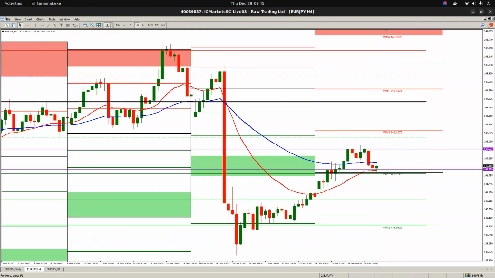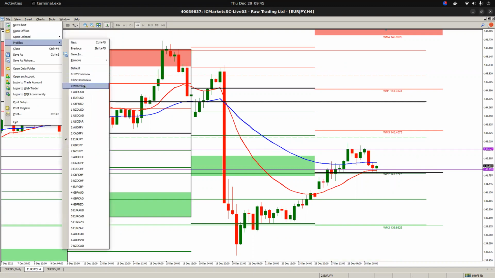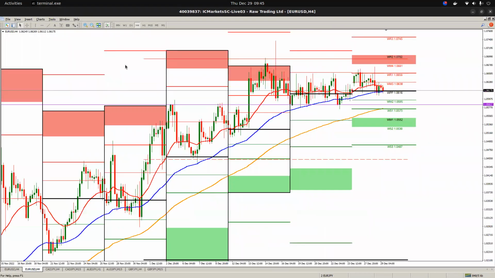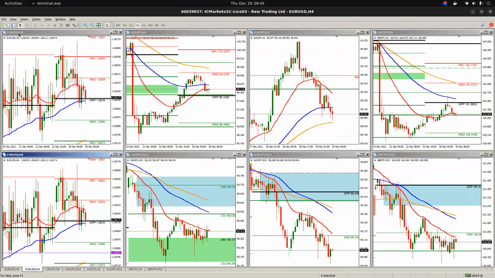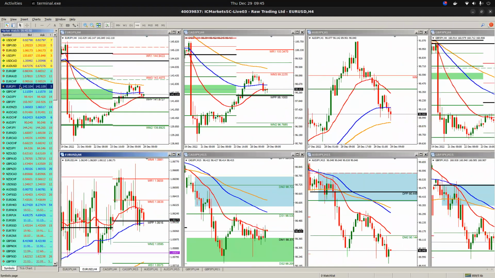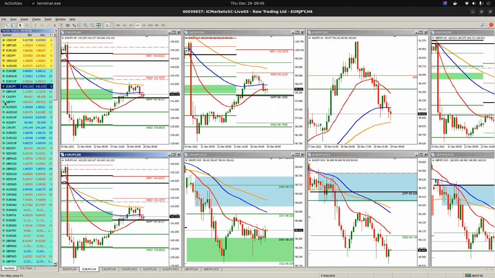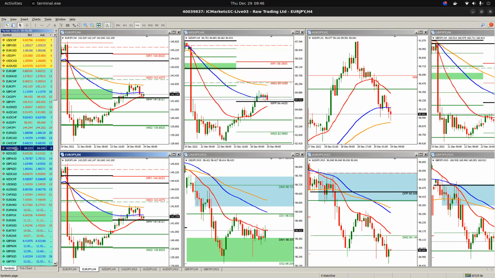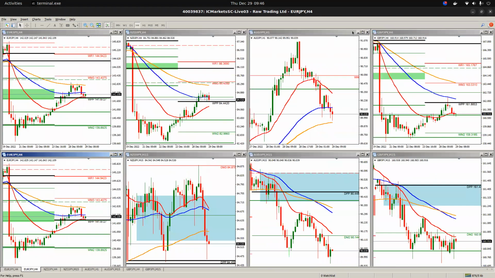Okay, so what you can do is open up a watch list. On your watch list, you can just basically close anything you've got on there. I'm going to add euro yen on this chart over here, and I'm going to add Kiwi yen. Just quickly find it over here, and then let's close that.